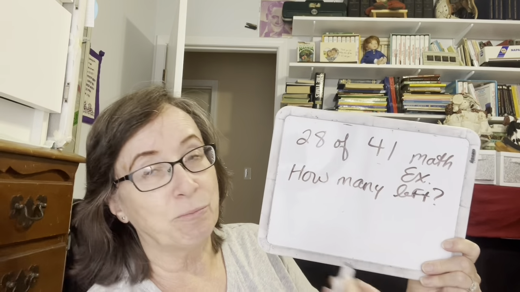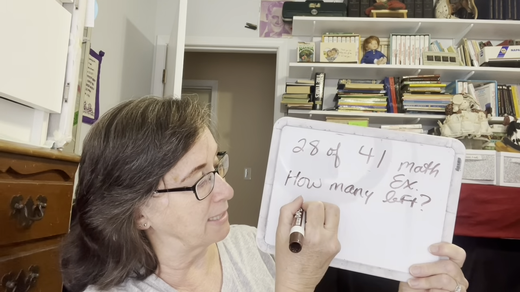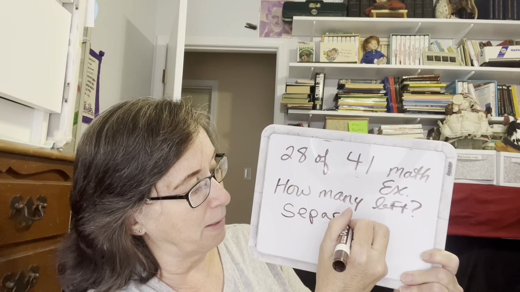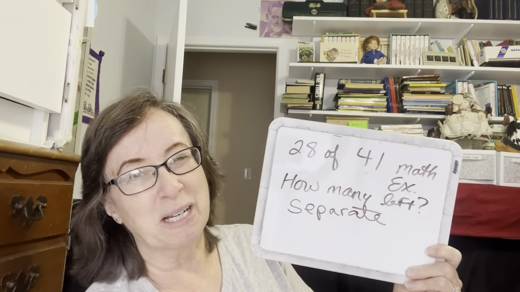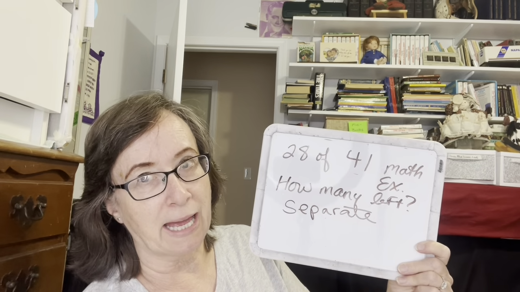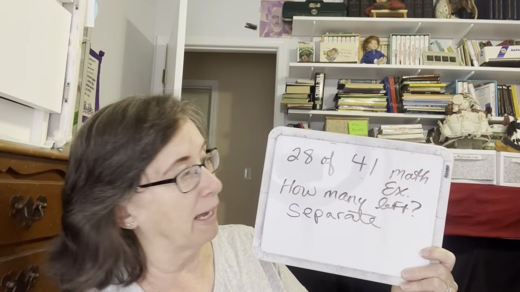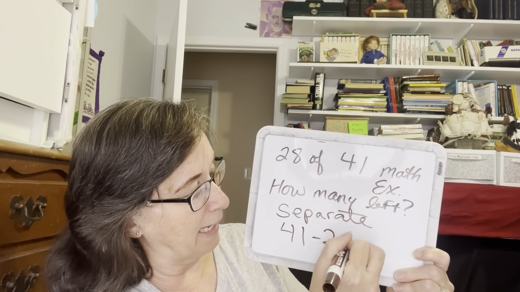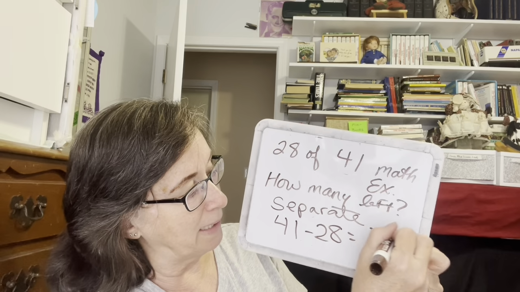Okay, and when they're doing your subtraction, sometimes they'll say separate, how many more? I don't really worry about the plot a whole bunch, okay, but you should say at least subtraction, okay? So we're going to say 41, take away 28, gives you how many he has left.